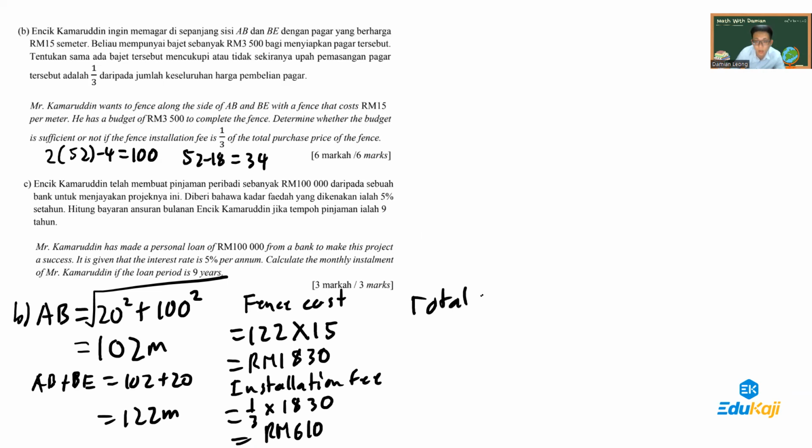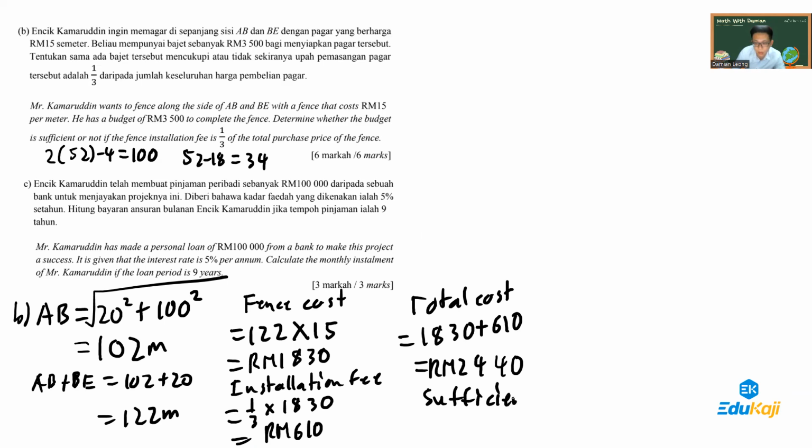Means total cost 1830 plus 610. So it's 2,440 ringgit. Means it's sufficient.